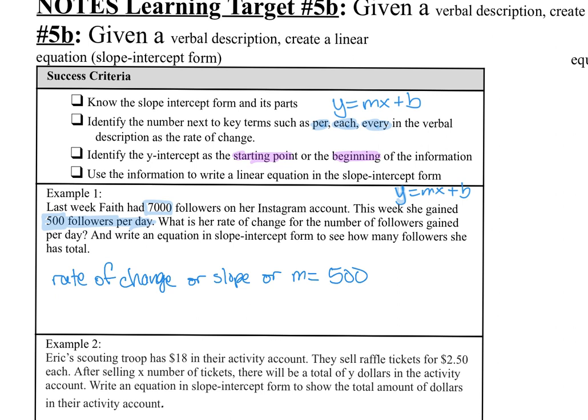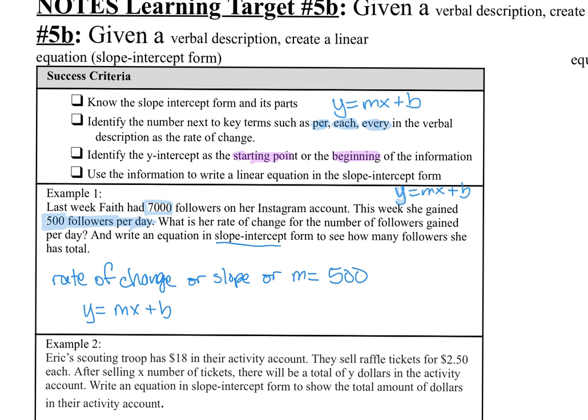The second question says, write an equation in slope-intercept form. We've written this equation before. Let's rewrite it again. Y equals mx plus b. So we got our M. That's the per. She's gaining 500 per day.